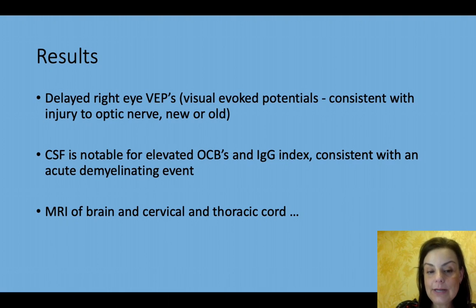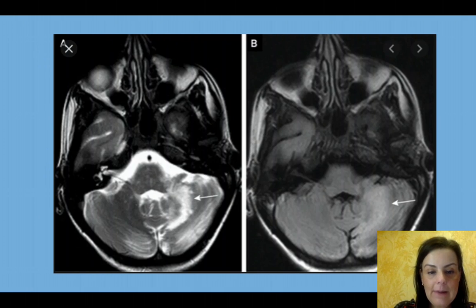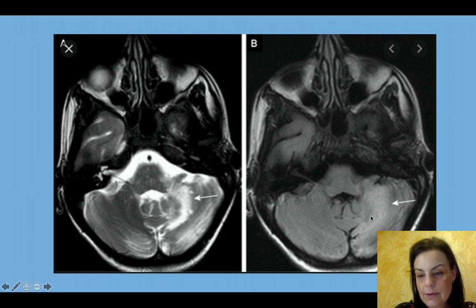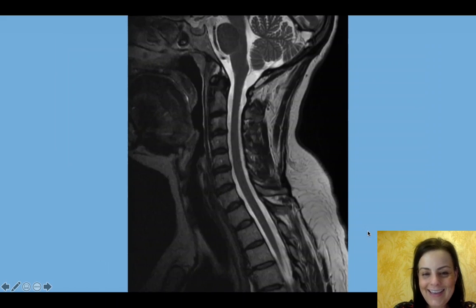And then we image her brain and spinal cord, and we find this in her brain. So sure enough, she has a left temporal lesion here with a big arrow on it. And her spinal cord looks beautiful. There's nothing in her spinal cord; it's a beautiful spinal cord.